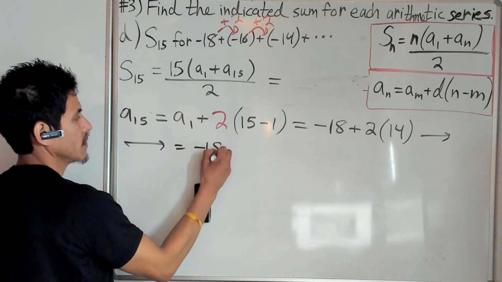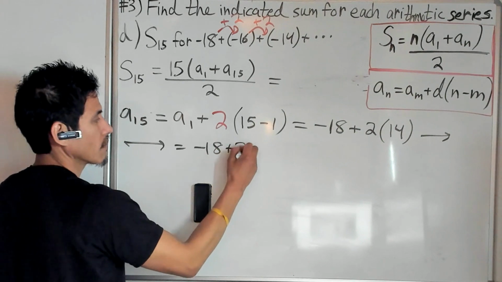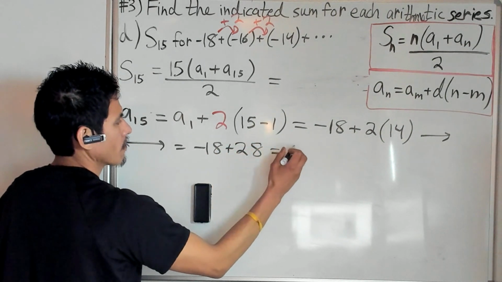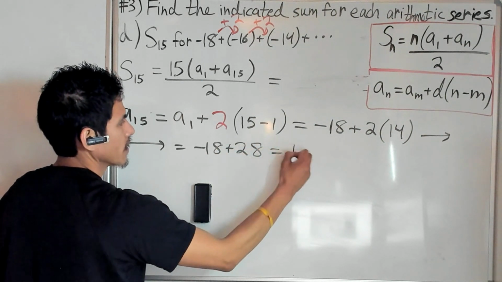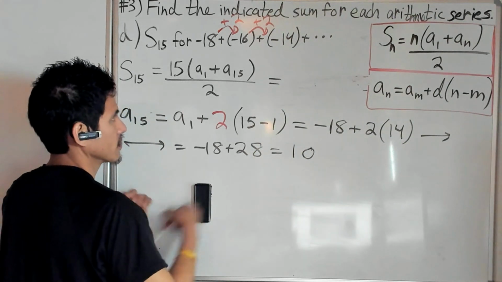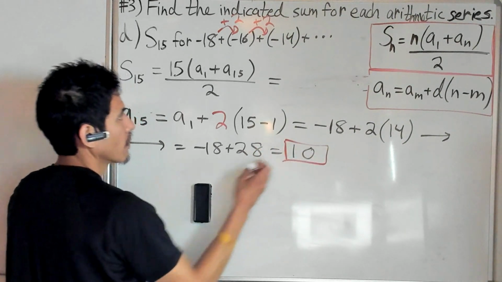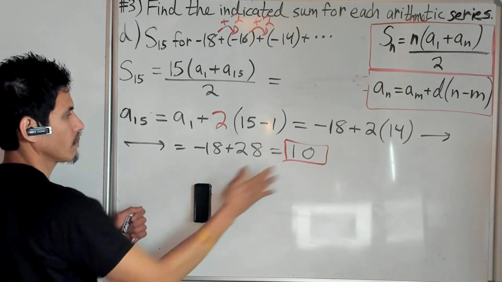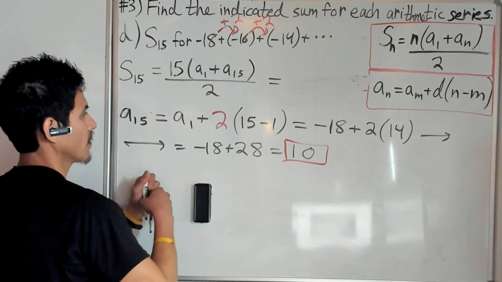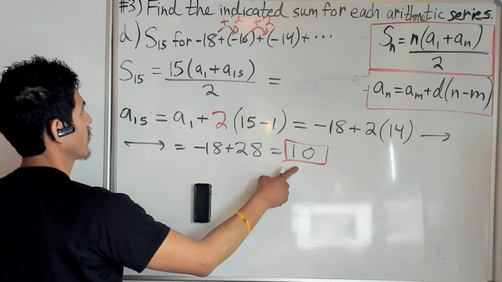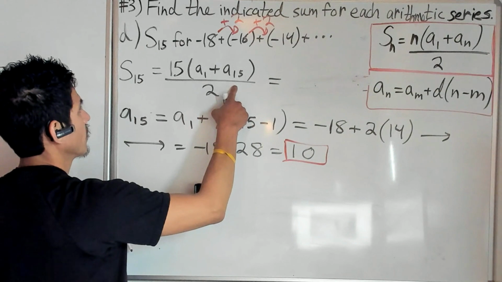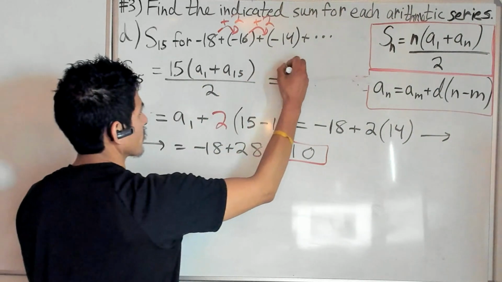This will be negative 18 plus 28, which will be 10. Interesting. Okay, so we have 10 for our a15, and we already have a1, so let's work this out.